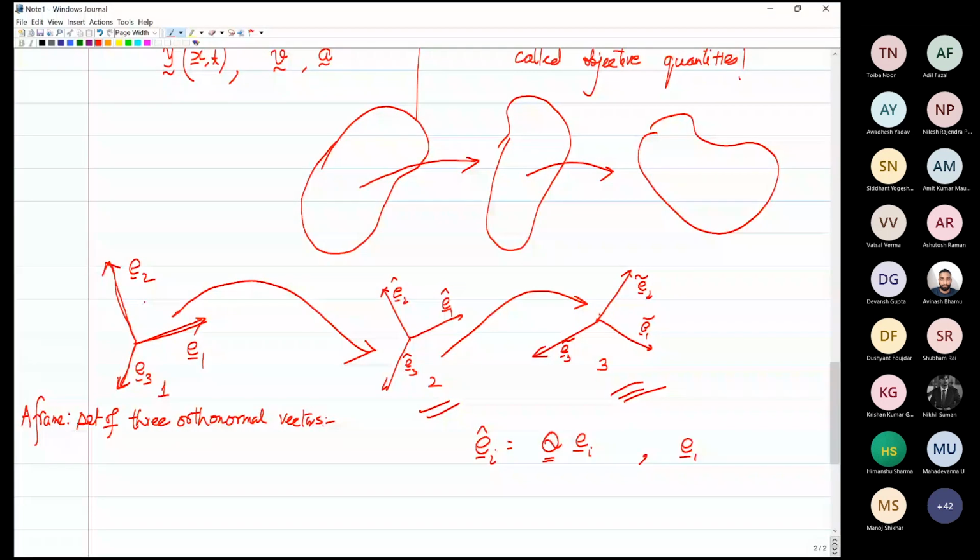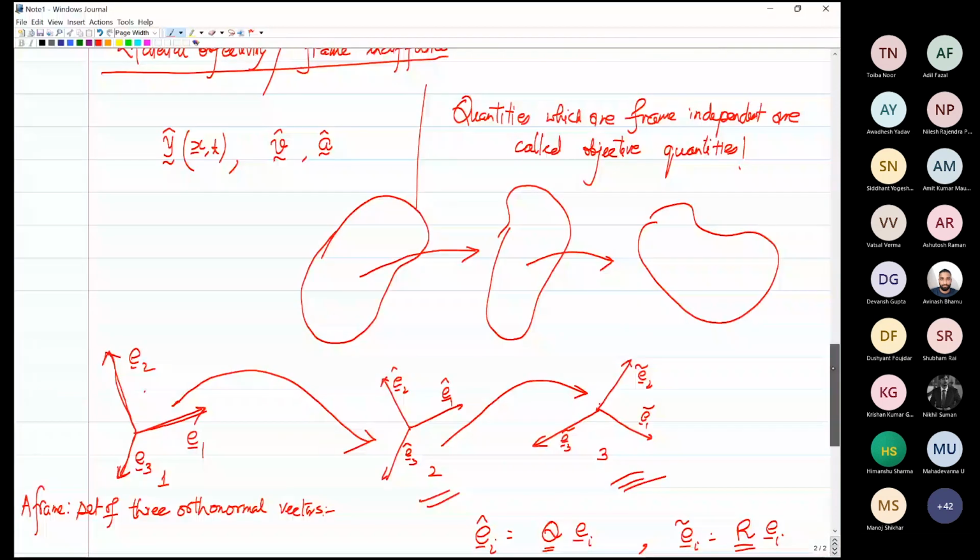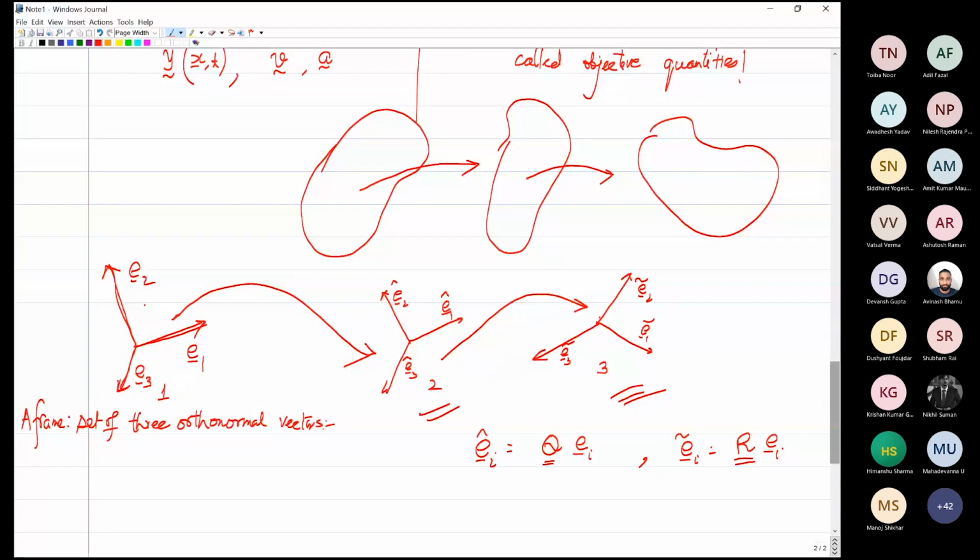And I think you can kind of see that when you measure quantities with respect to these frames, for example, a vector V, you measure it in this frame and in this other frame. By measuring, I mean when you write down its components in the two different frames, those components will also be related, isn't it?